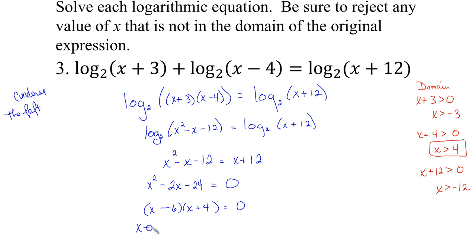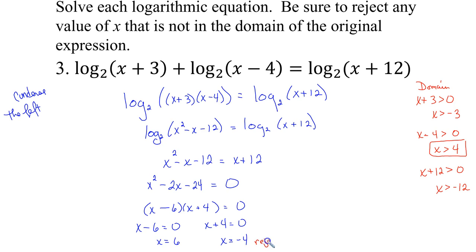Remember, I still have to set each of these factors equal to 0 in order to find out what x might be. So for the first one, I add 6 to both sides. I get x is equal to 6. The second one, I subtract 4 from both sides. I get x is equal to negative 4. If I were to look at negative 4, it is not greater than positive 4. So negative 4 must be rejected.